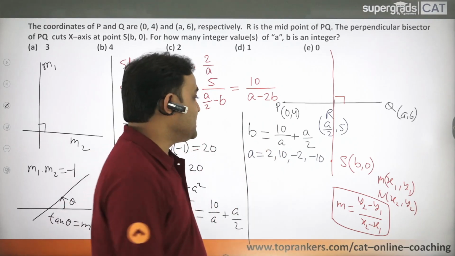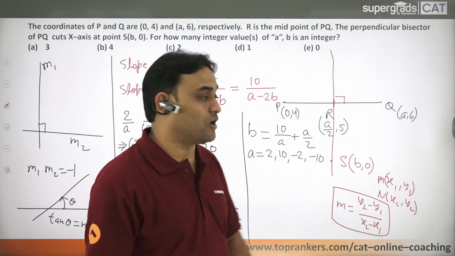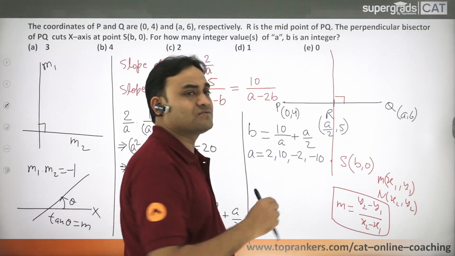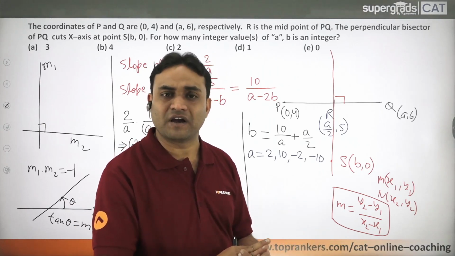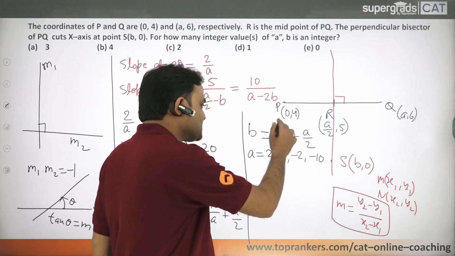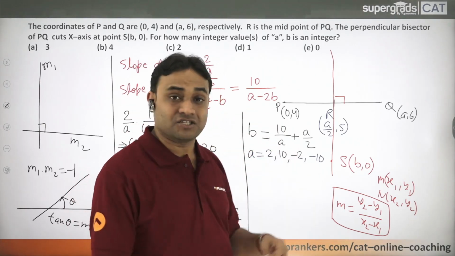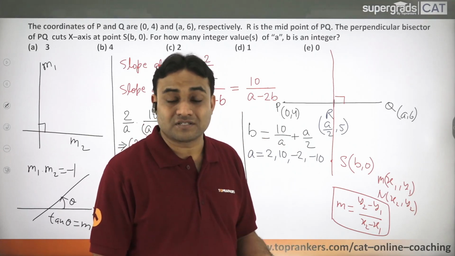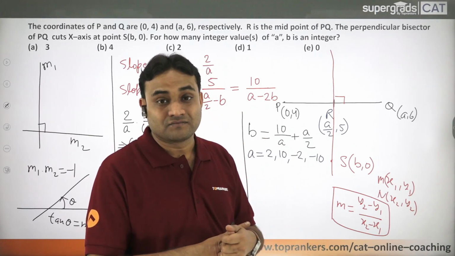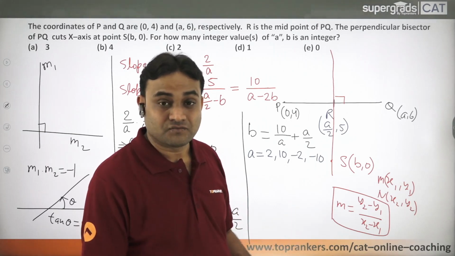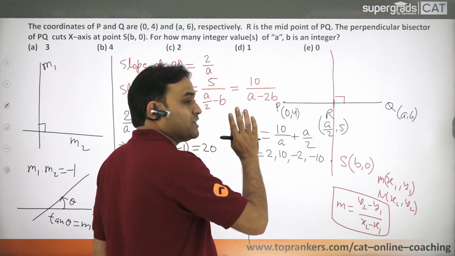Now, if A is odd, A by 2 will be something like 0.5, 1.5, 2.5, or in negative minus 0.5, minus 1.5. So 10 by A should also give us a value midway between integers. Do you see any values where we get some odd number divided by 2?